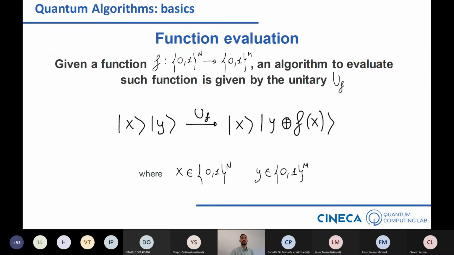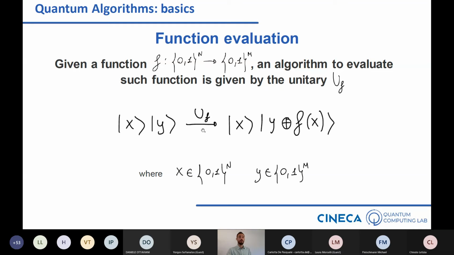The third part, the last part of the quantum algorithm basics, is function evaluation. What does it mean? It means that if you're given a function f that goes from {0,1}^n to {0,1}^m, then an algorithm that evaluates such a function is given by a unitary U_f.